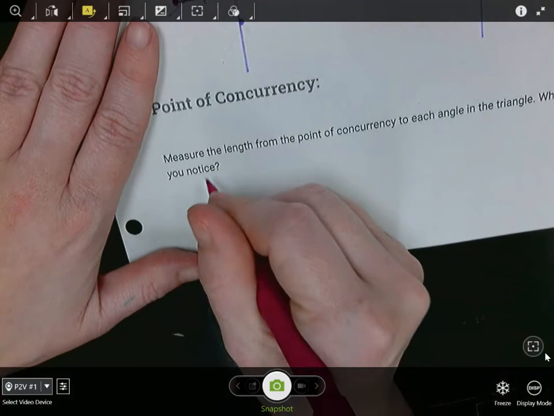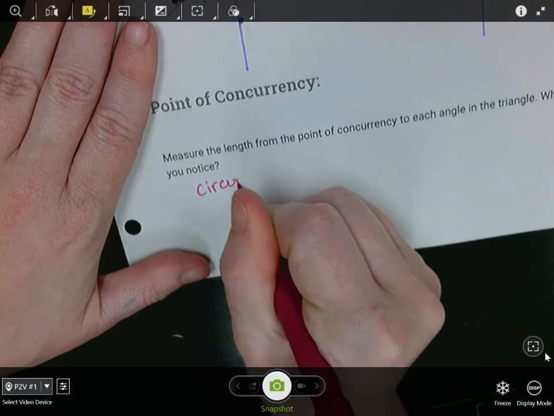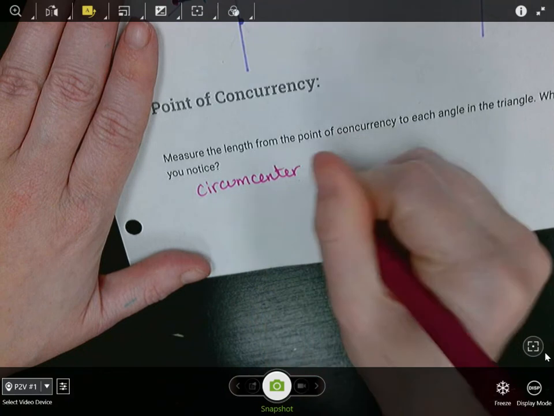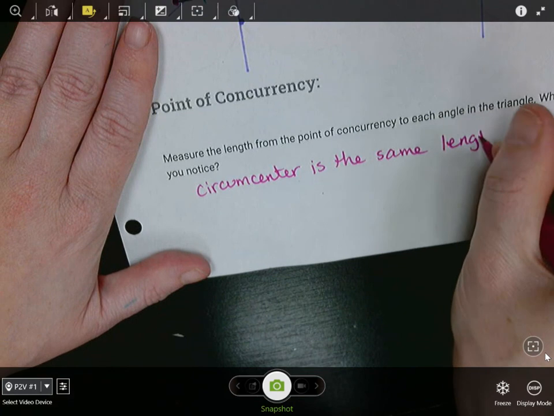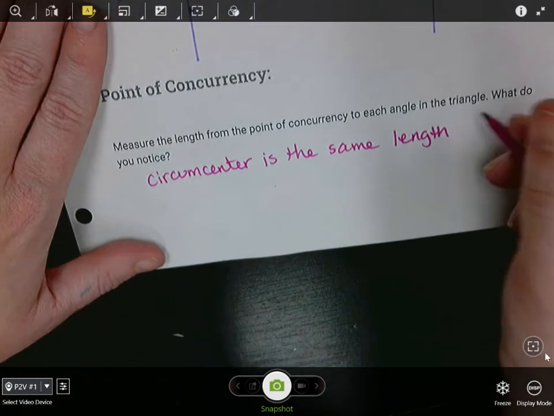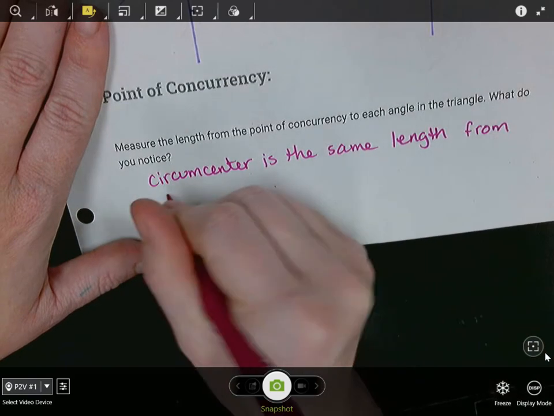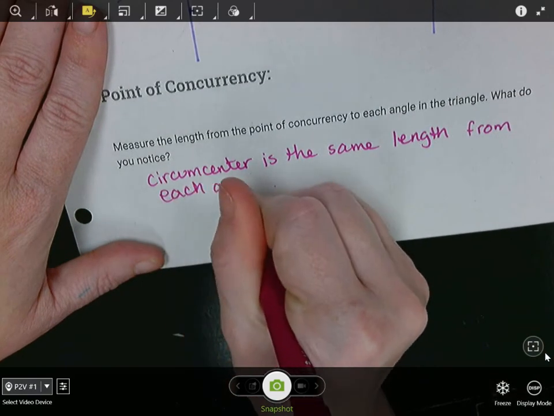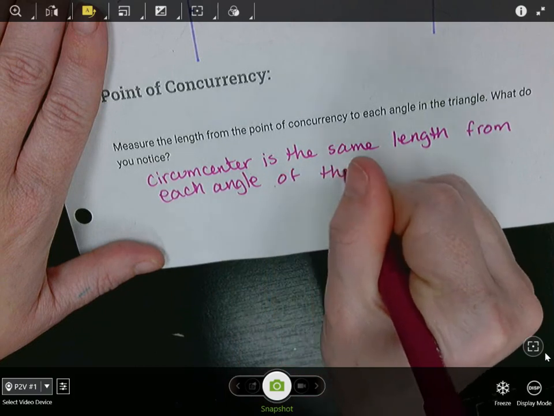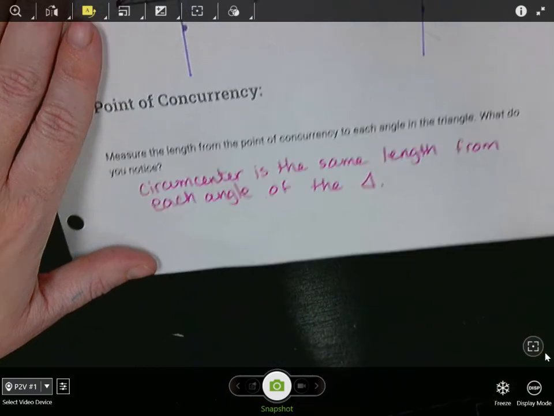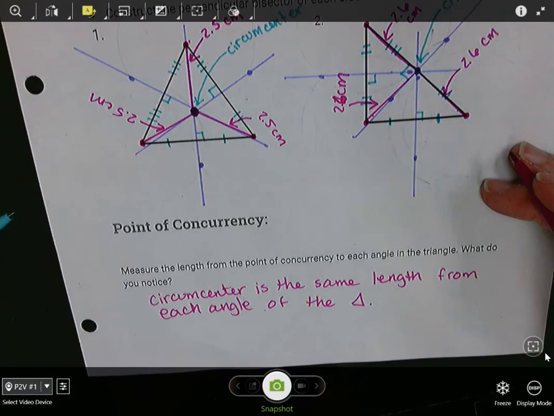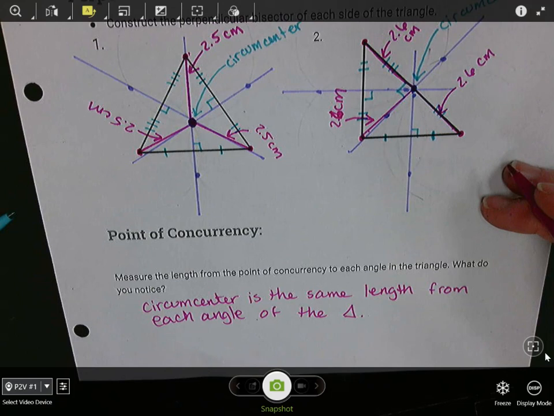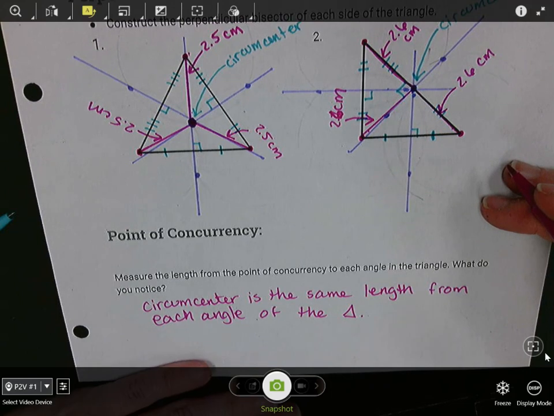So the circumcenter is the same distance away from each angle of the triangle. If you wanted to find the center of the three angles, the place that's the same distance away, you would just need to construct the circumcenter. You construct the circumcenter by constructing perpendicular bisectors and seeing where they intersect.